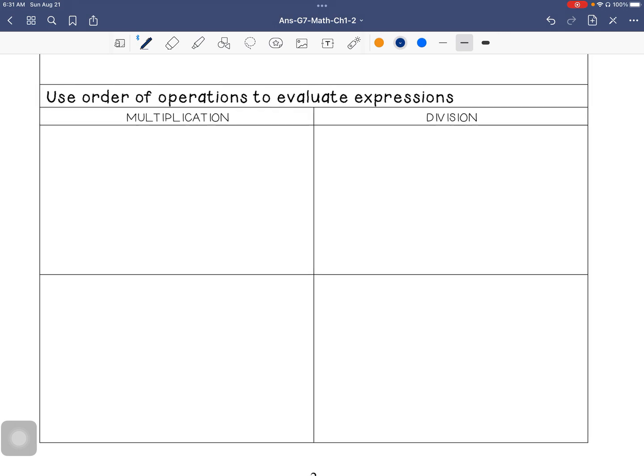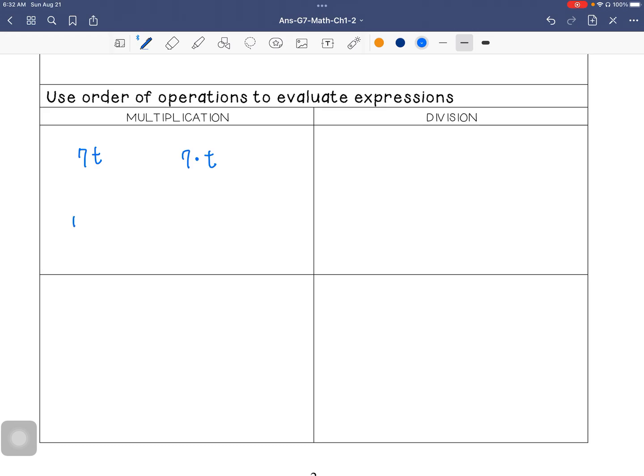Then how do we use order of operations to evaluate expressions? In multiplication, if I have 7t, we represent it like 7 dot t, or 7 parenthesis t, or 7 times t. This means 7 multiplies by t.